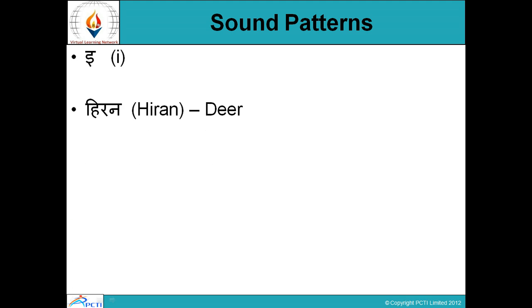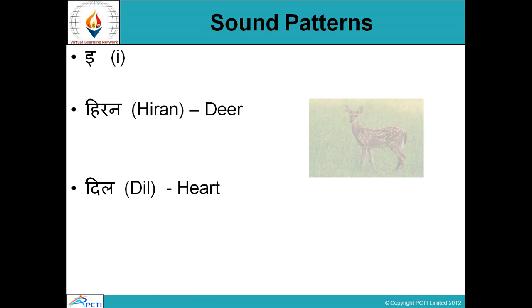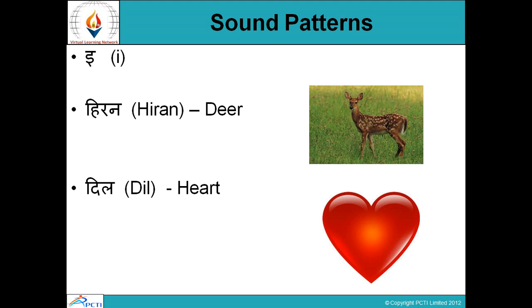Few more words with this sound pattern. Next word is Hiran. Hiran is what? Deer. You must have seen this animal. It's a wild animal usually found in jungles. It's a herbivorous animal, usually eaten by carnivorous animals like tiger and lion, because it has very soft skin and soft flesh.